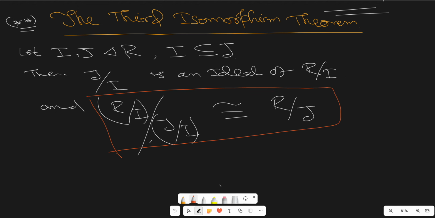See, J mod I is an ideal of R mod I, so you can definitely define R mod I quotiented by J mod I, and this is isomorphic to R mod J.